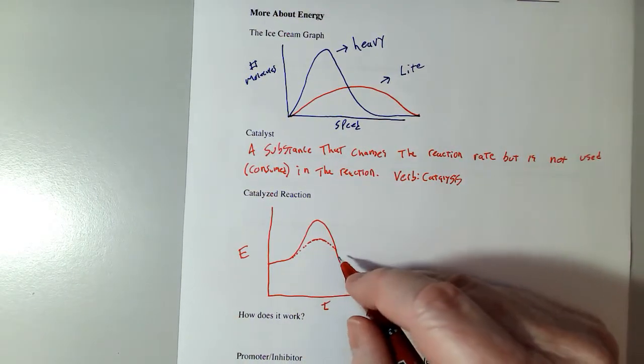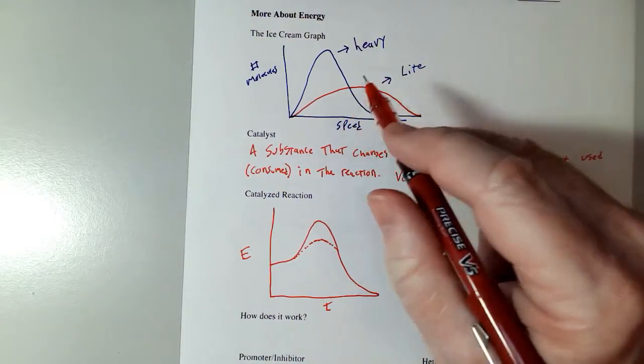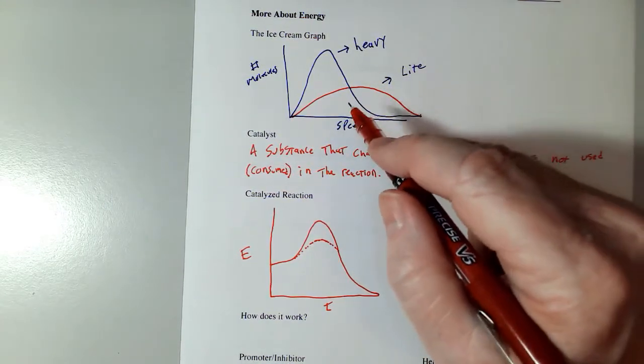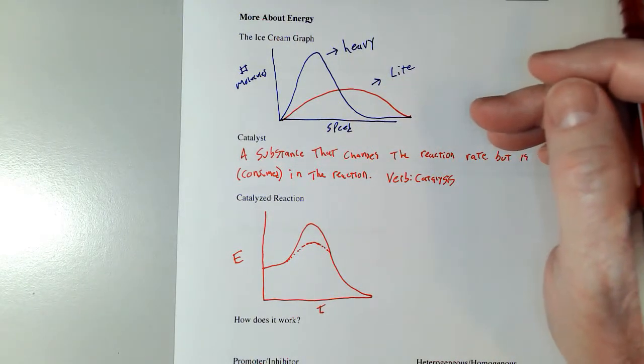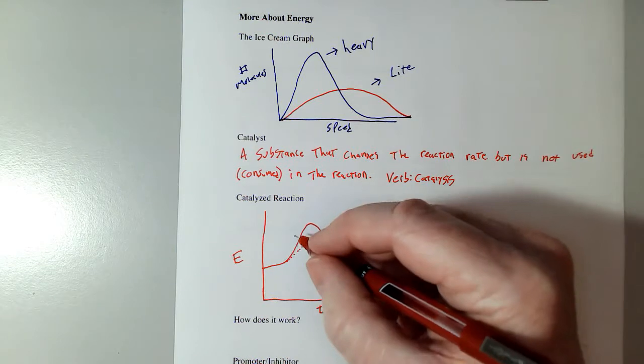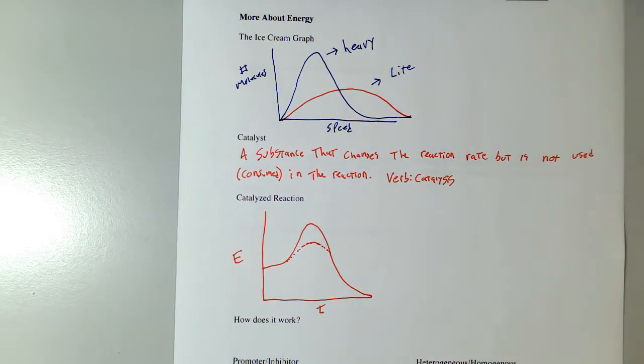If it's a lower energy pathway, more of the particles that we're referring to will have the necessary activation energy for the reaction to happen. If it's a higher energy pathway, then fewer of them are going to have it.